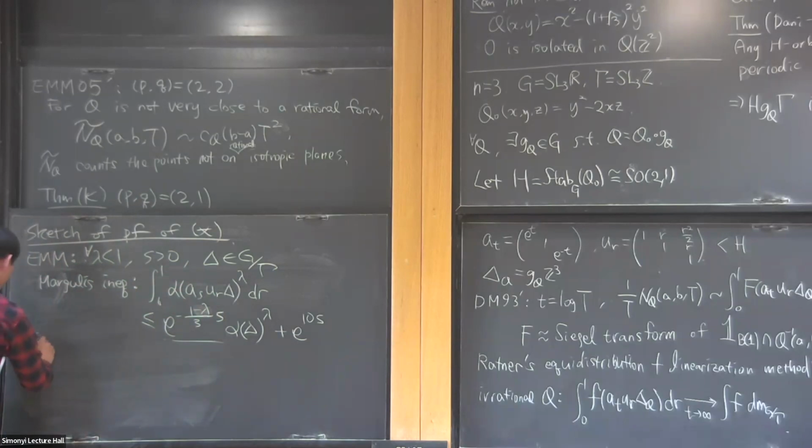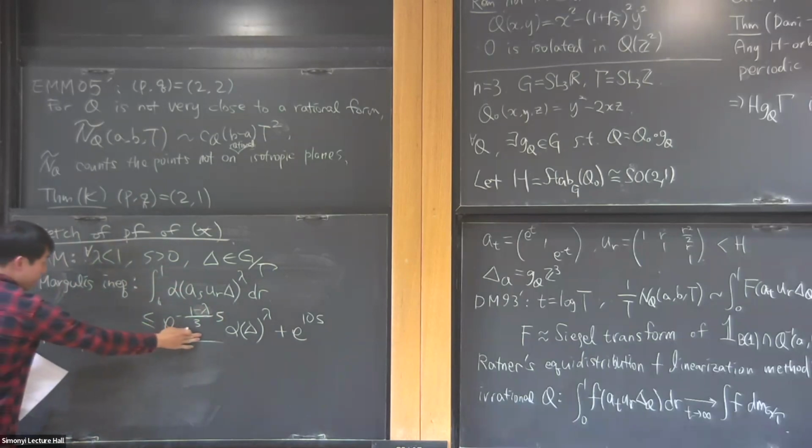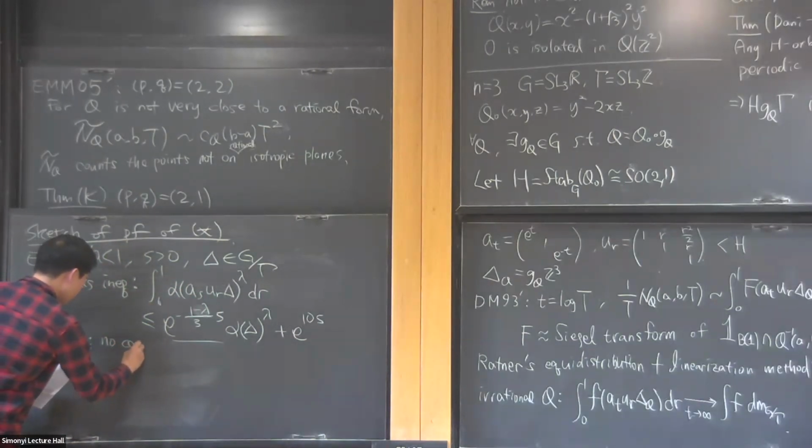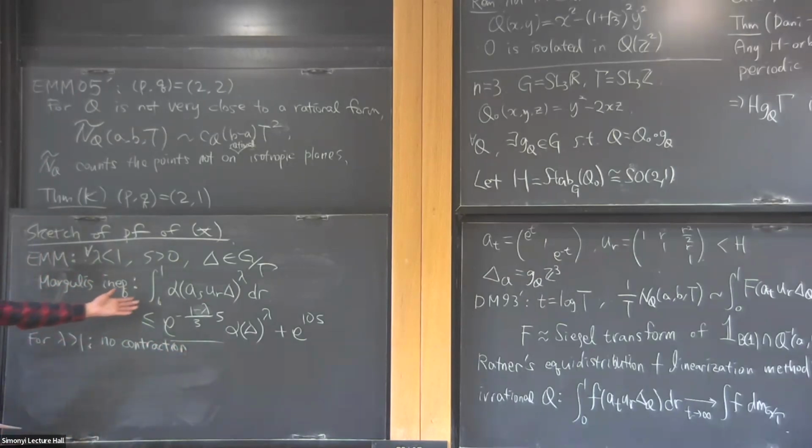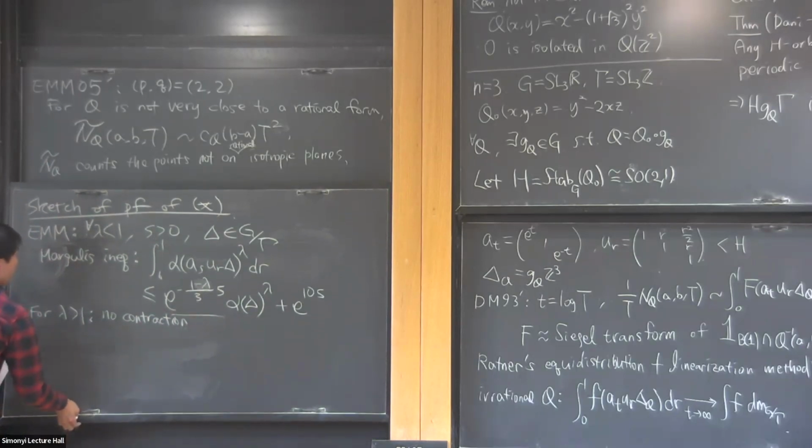However, for lambda bigger than 1, this constant gets bigger than 1, so there's no contraction for the average of alpha to the lambda. So to extend the result for lambda beyond 1, we need some modification.